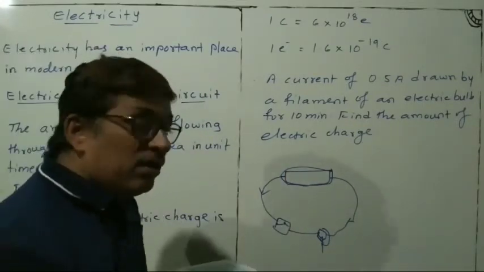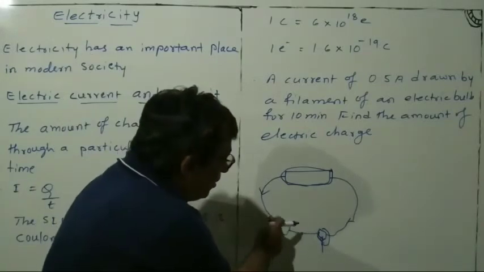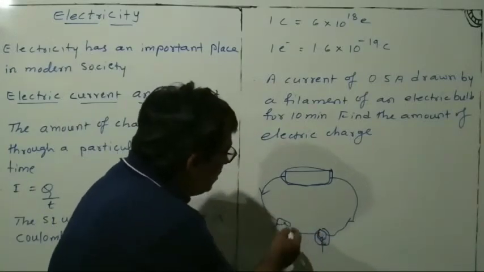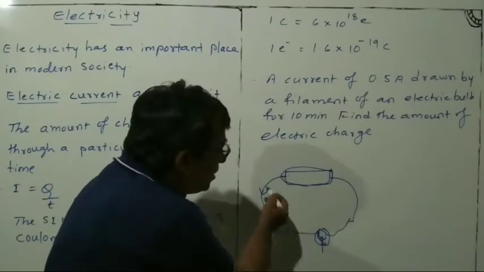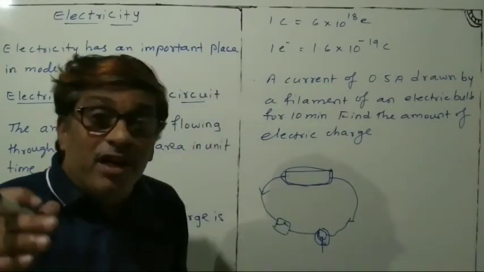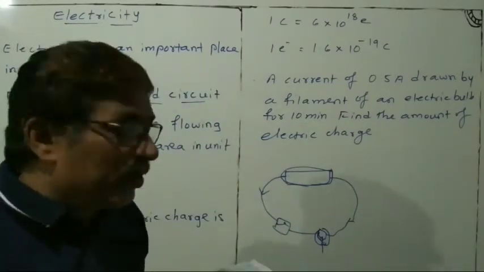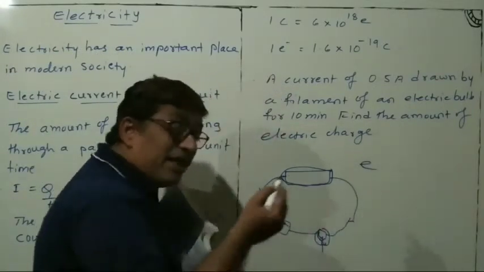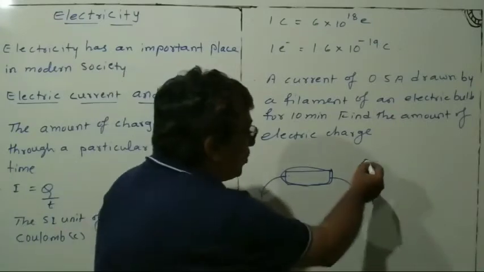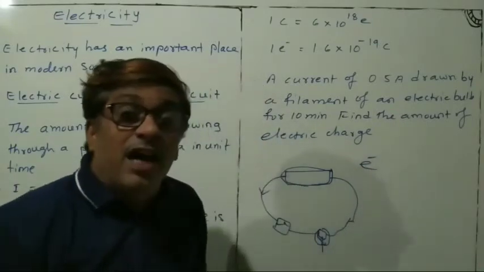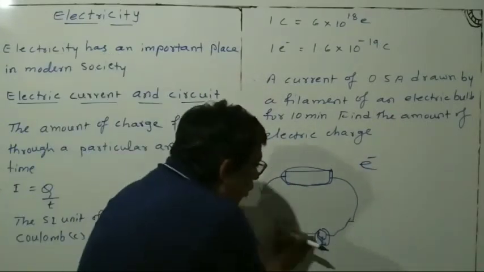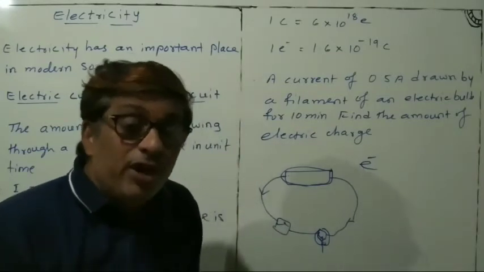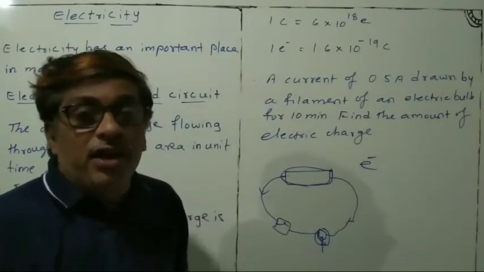When you switch on, what will happen? The electrons are moving, or we say electricity is moving. These electrons contain charge. This flow of charge of electrons is what we call electric current.